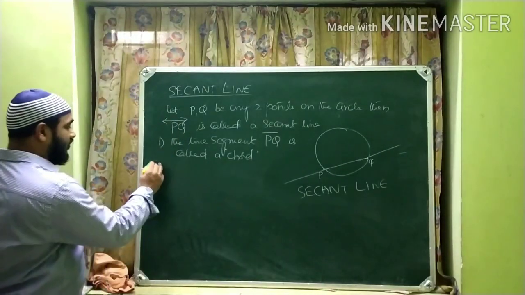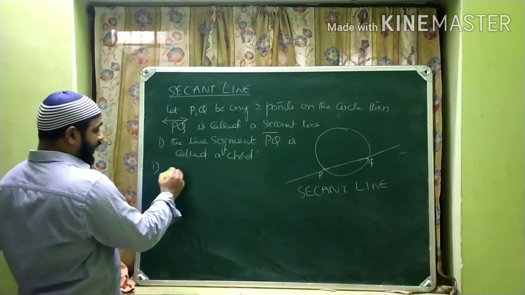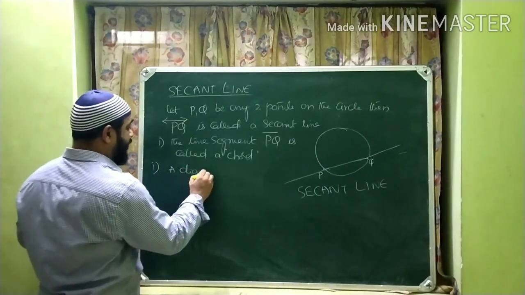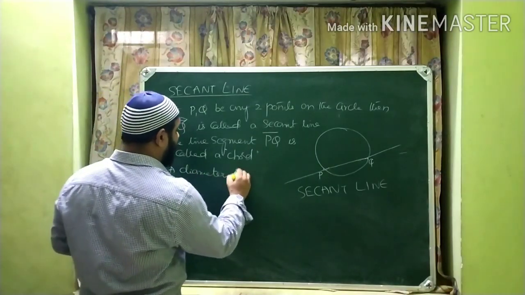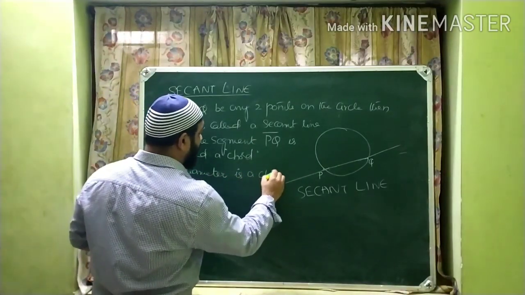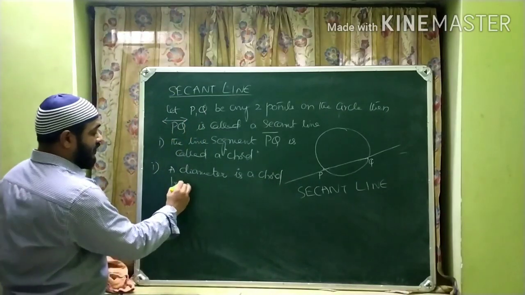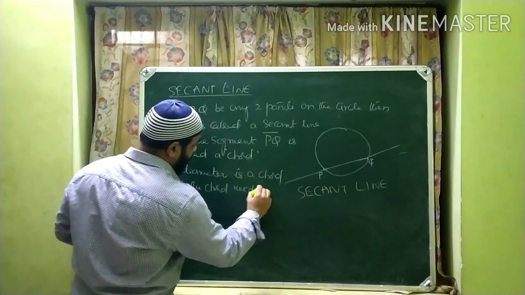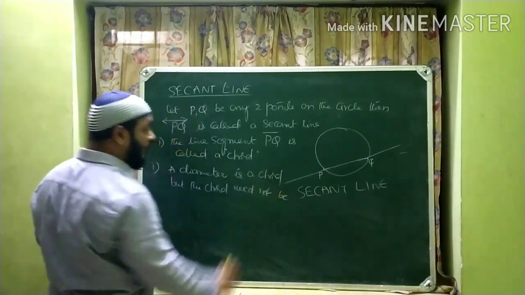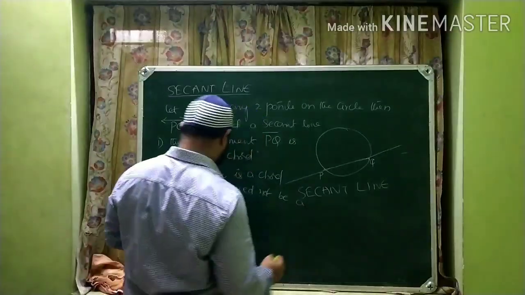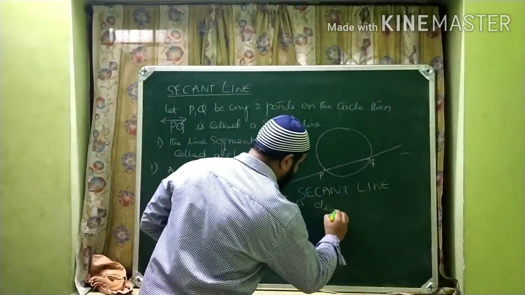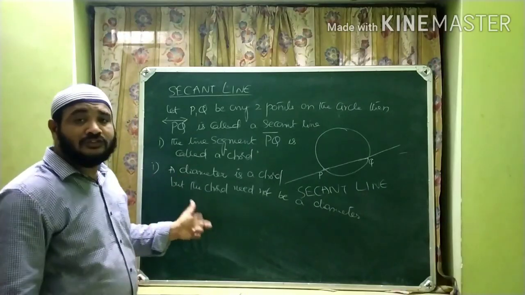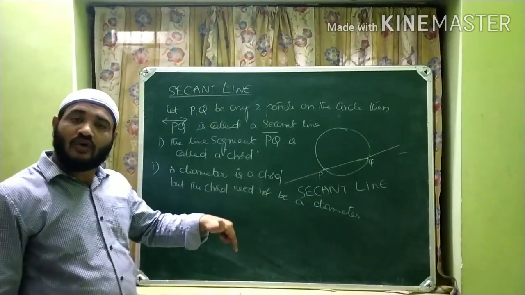So let us discuss some properties which you have discussed before in 10th class. So what are they? A diameter is a chord, but a chord need not be a diameter. What is a diameter? The chord which is passing through the center of the circle is called the diameter.